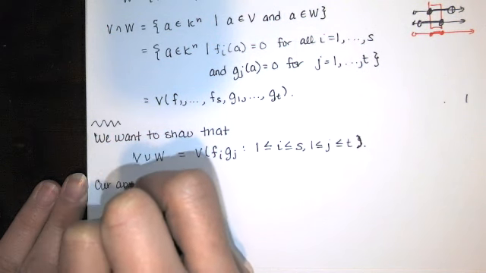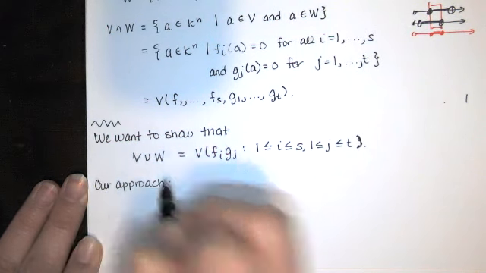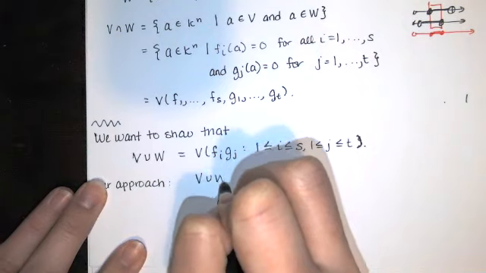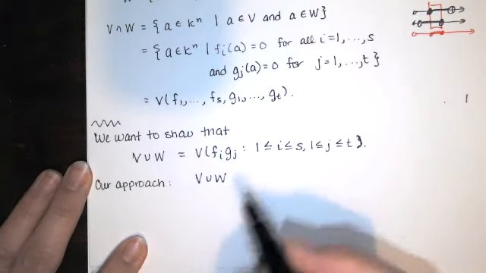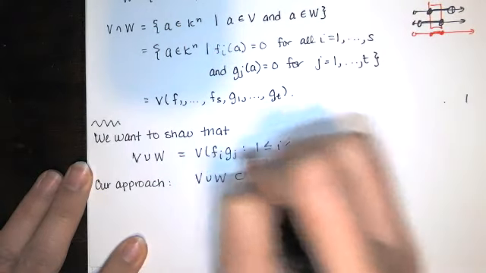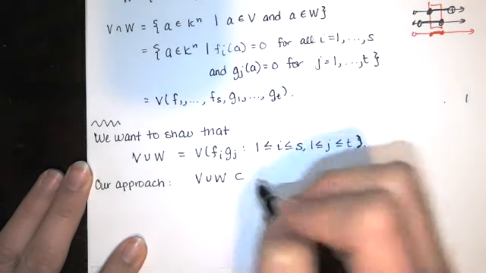So our approach is to show that if a number A in n-dimensional affine space belongs to this union of V with W, then it has to belong to this set over here.